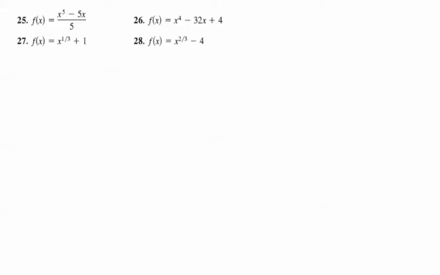All right, so we go ahead, and number 25 is f of x equals 1/5 of x to the fifth minus 5x. It's much easier to do that than it is to try to do a quotient rule with just a constant in the denominator.